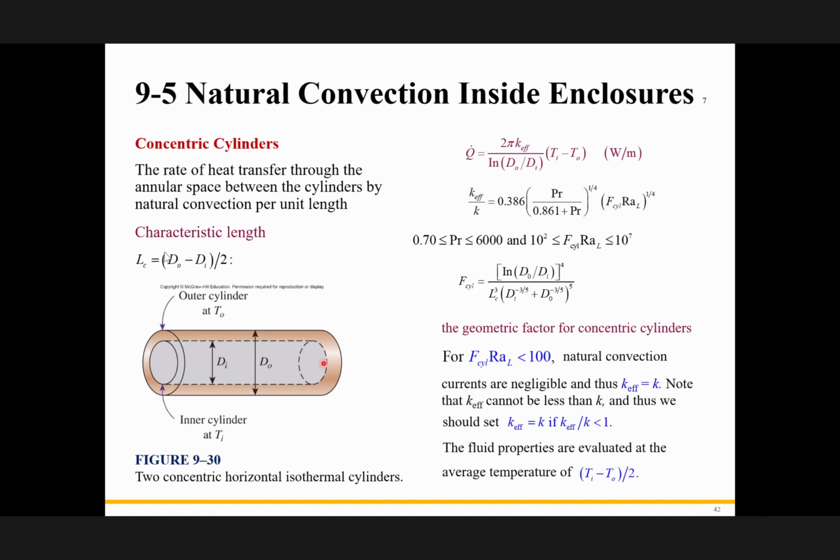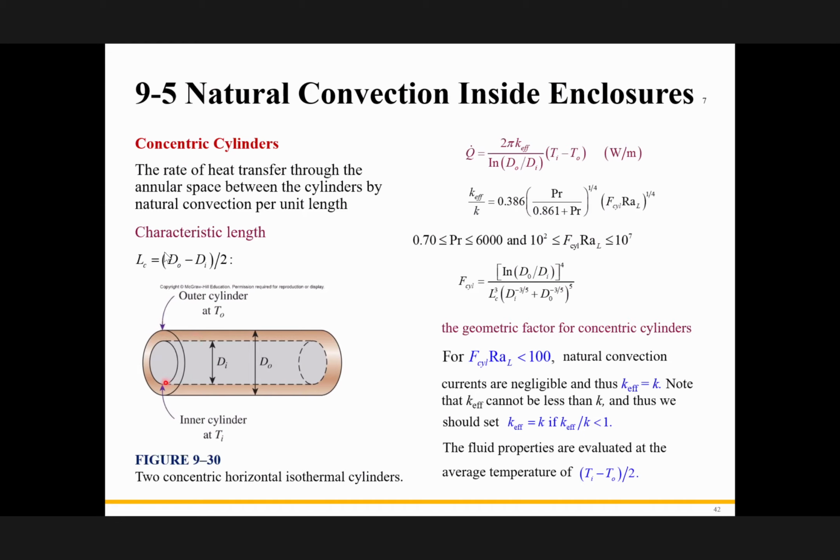The fluid is passing, but they also put another tube here, made of glass, in order to reduce the convection. Therefore, we have two cylinders, one at this temperature, we call it TI, and another outside, TO. Therefore, between these two, we have some convective heat transfer.